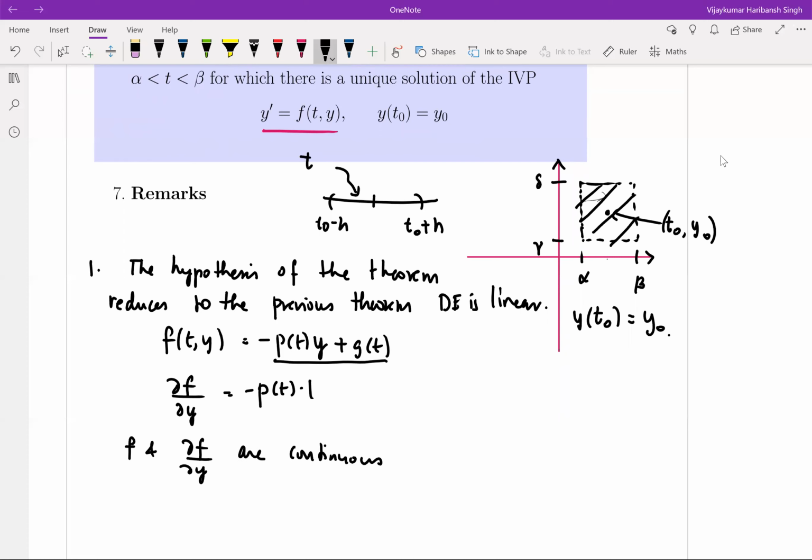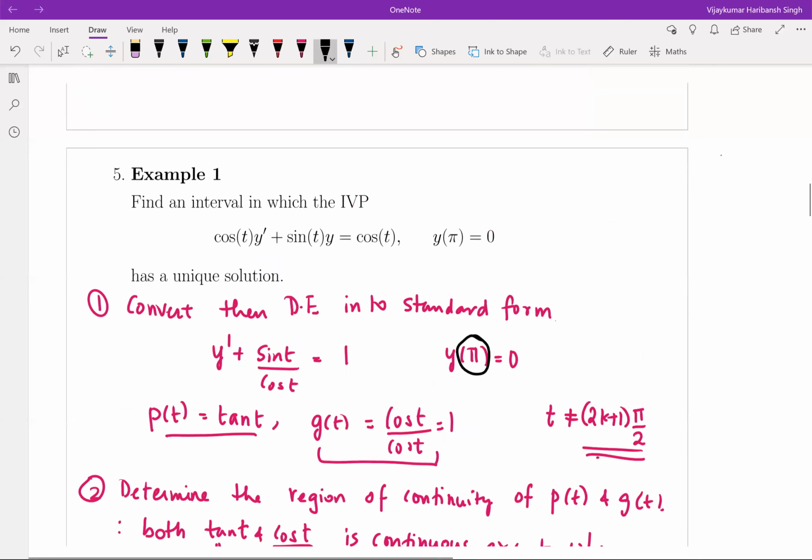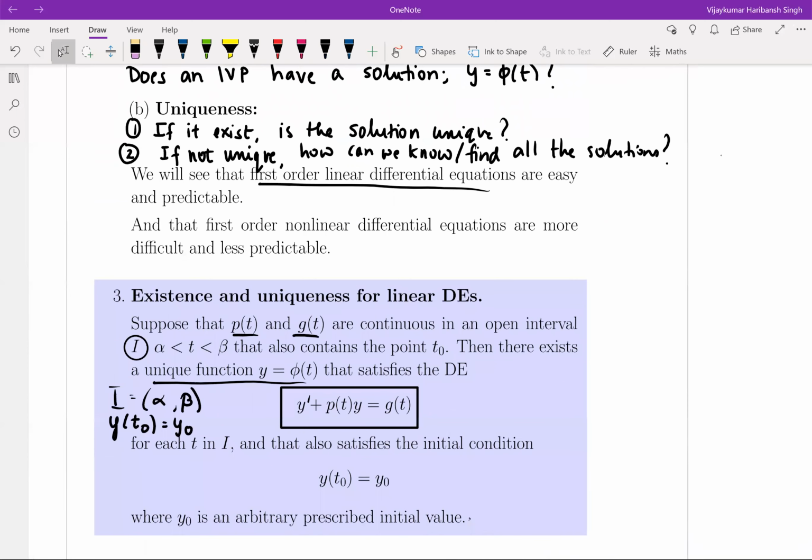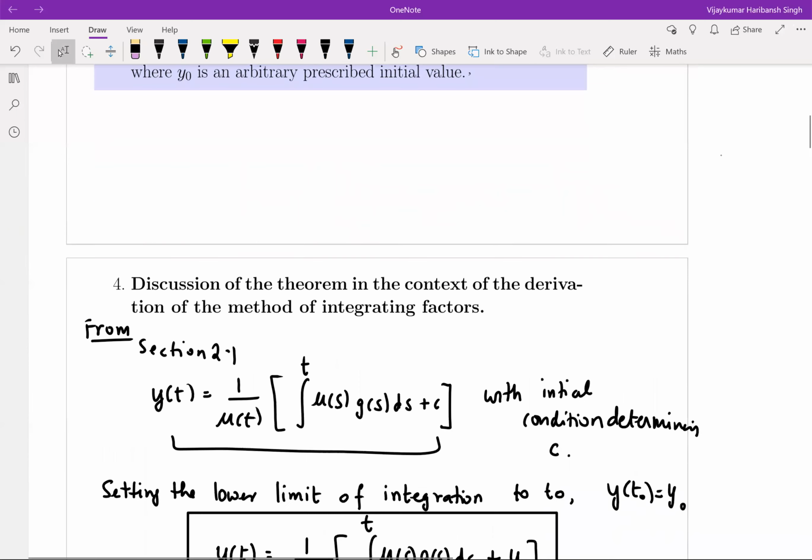So you see, if f of t, y is linear in y, then this theorem reduces to the previous case, where the requirement was that p of t and g of t have to be continuous on some interval. Okay.